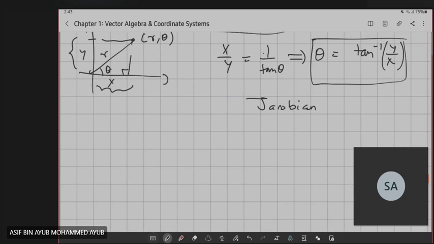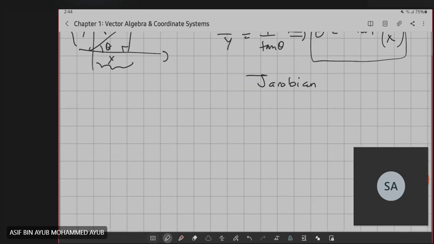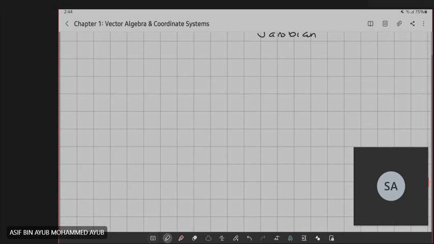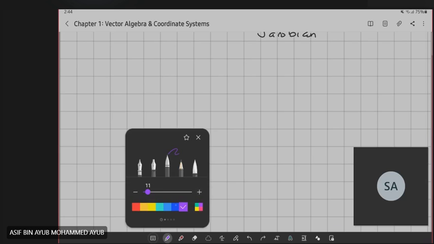Okay, so I think we've seen enough of 2D coordinate systems. Now we'll move on to 3D coordinate systems.